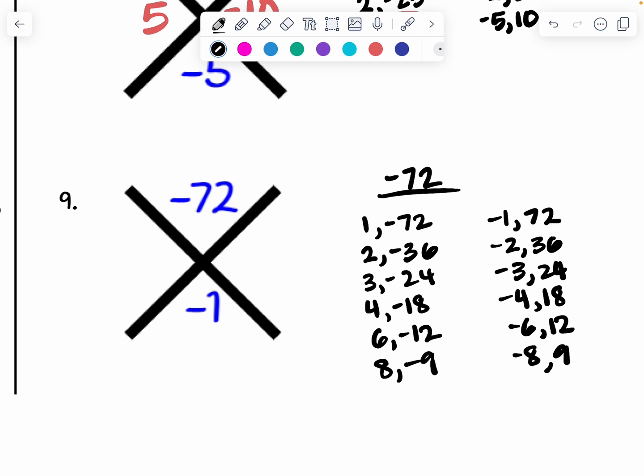So out of all of these pairs, which one would add up to negative 1? I know it's kind of a funky font, but that is a negative 1. And it would be this one, negative 9 and positive 8.